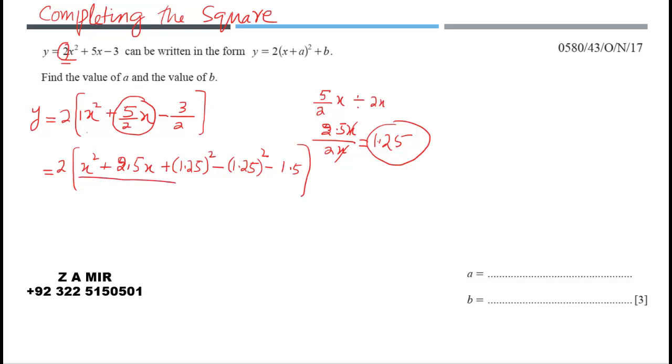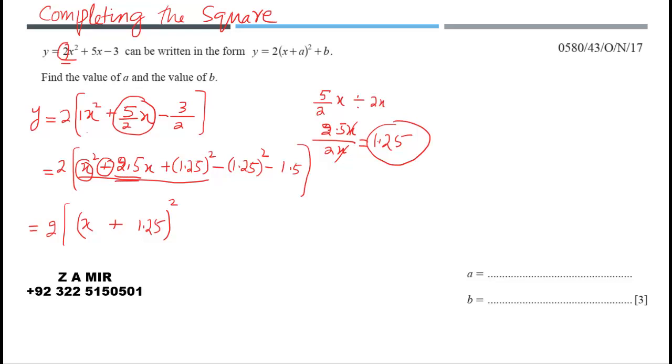These 3 will combine, and it will become a whole square. We will take just x, not x square, and 1.25, and we will use the sign of this. It is plus, it is plus. If it is negative, then it will be negative, and this will be removed.